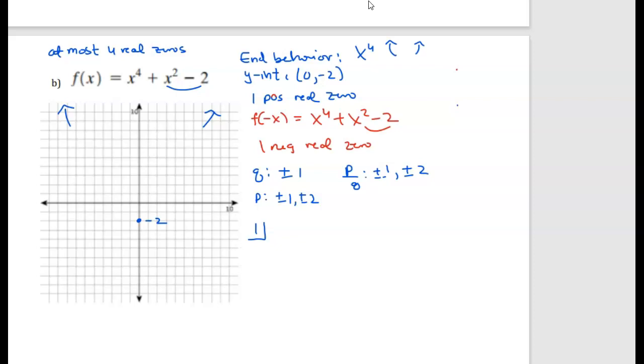Now notice there are some powers missing. We need to write this as x to the 4 plus 0x cubed plus x squared plus 0x minus 2. This is important when you do the synthetic division. We have 1, 0, 1, 0, negative 2.